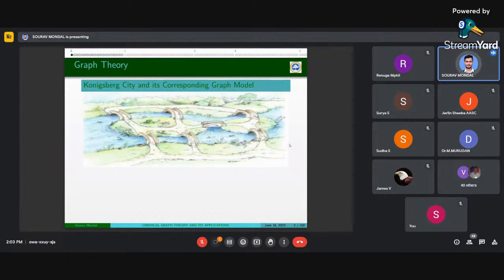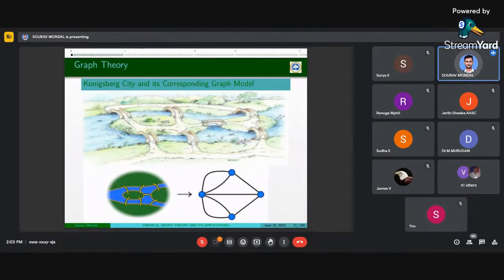There was a challenge: starting from any landmass, is it possible to cross each bridge exactly once and come back to the starting point? This problem is known as the famous Königsberg bridge problem, and this is the graphical model of the problem.